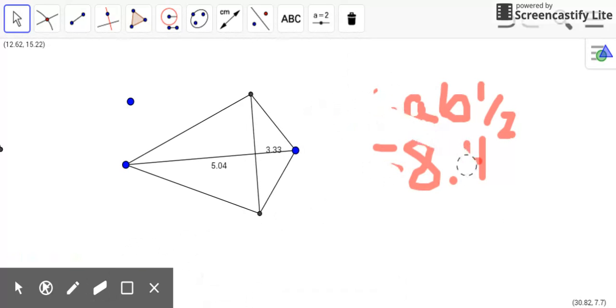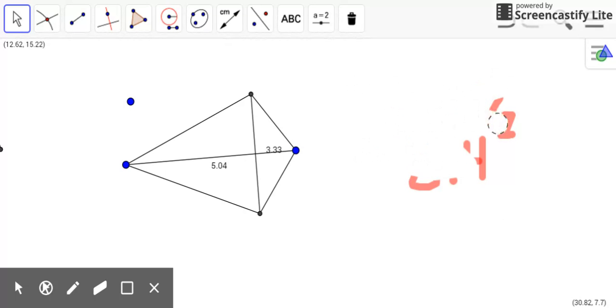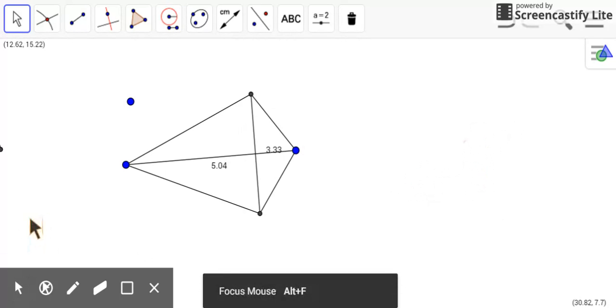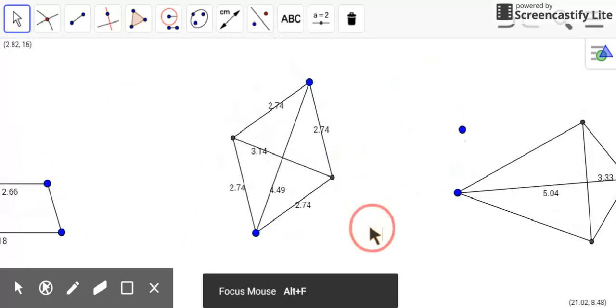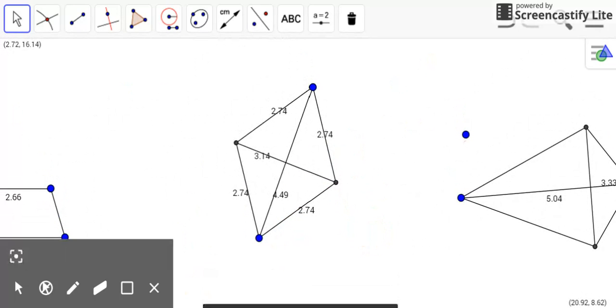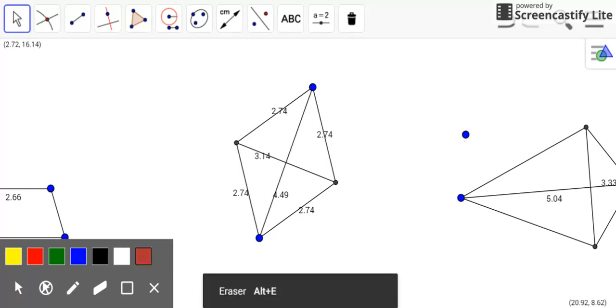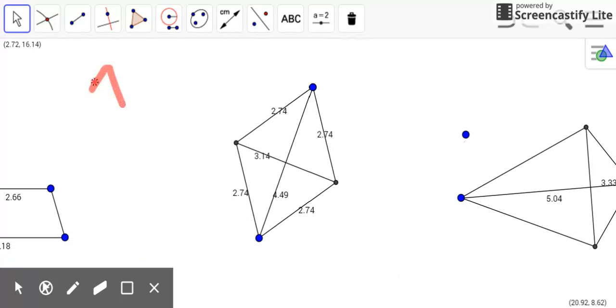And the same formula works to find the area of a rhombus, because you just use the diagonals. I shouldn't have erased that. I have to rewrite that. But it's the same thing.